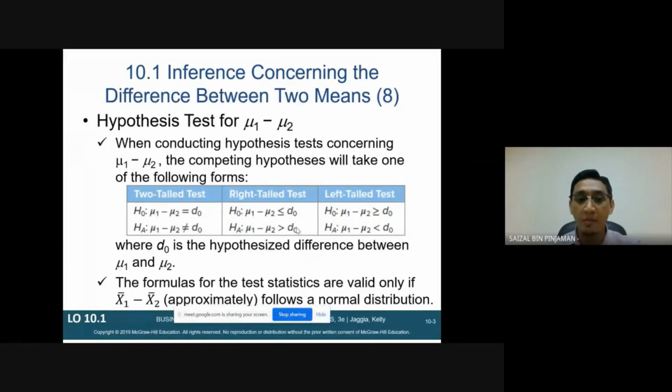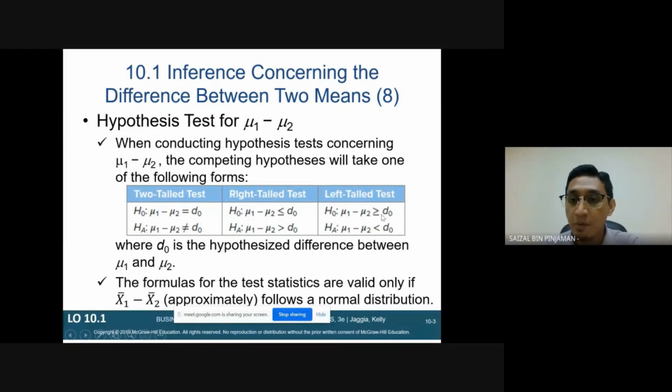Okay, so that means mean for population 1 may be 4, while mean for population 2 may be equal to 3.8. So 4 minus 3.8 is still larger than 0, because we have a value of 0.2. So on the left tail test, on the other hand, the hypothesis now states that mean for population 1 minus mean for population 2 is larger or equal to the hypothesized difference.